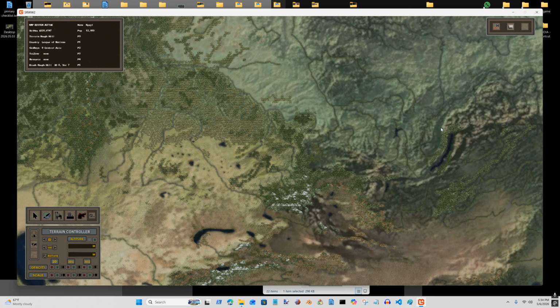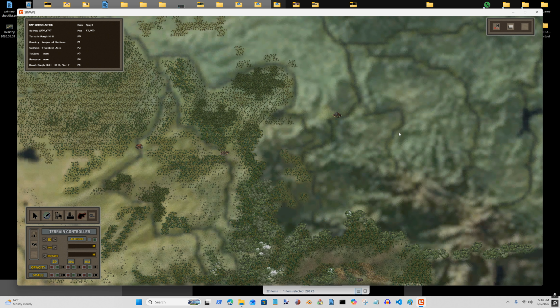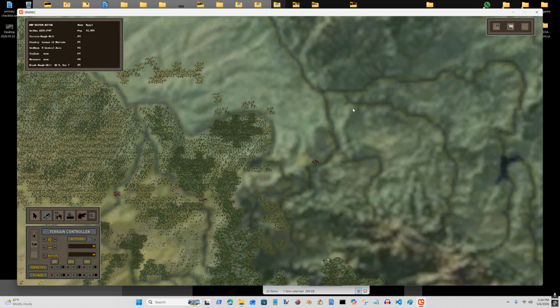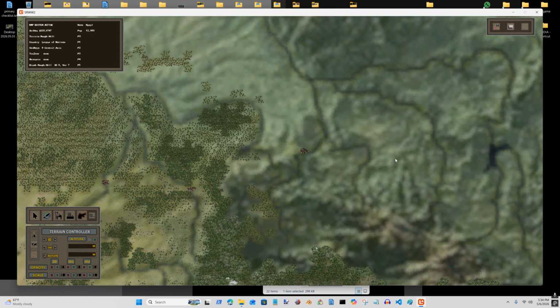But otherwise, it'll be a very strict supply model. Units won't require supply to function. They'll require supply to refuel, through the logistics departments that refuel units.